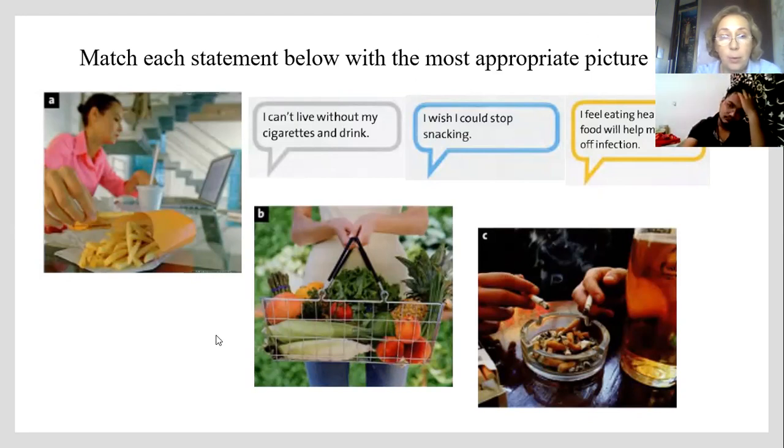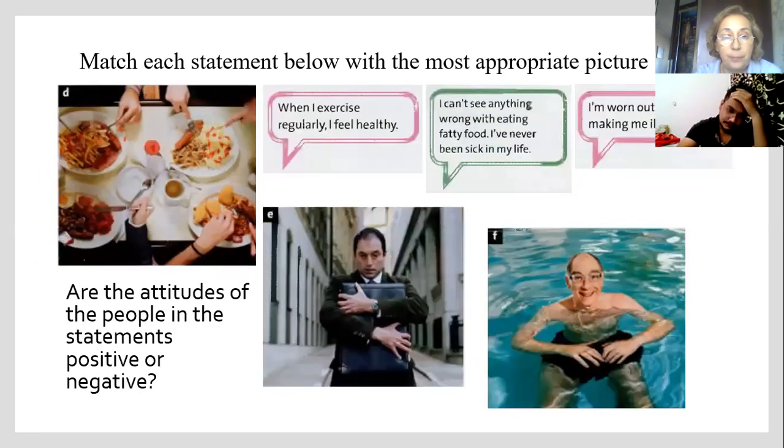And if we go to the next slide, we can see one more set of pictures and statements. Now let us listen to Nivas. The first statement: when I exercise regularly, I feel healthy. This sentence matches picture F. Where is the person in the picture? He's doing swimming exercise in the swimming pool.